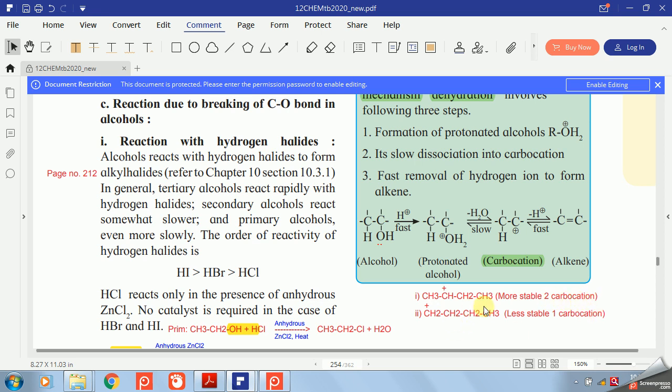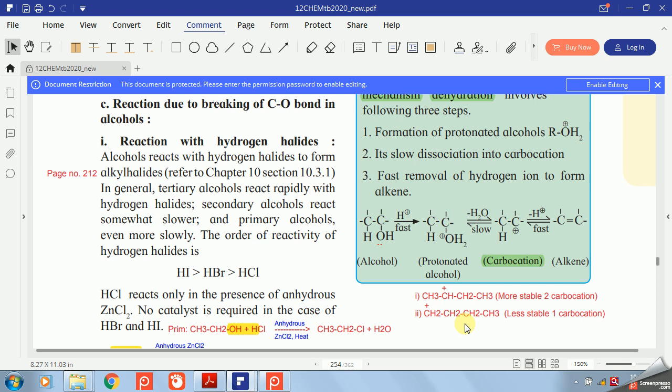But why is it more stable? Because there are 2 alkyl groups attached to this carbon, and there are 2 inductive effects shown by these, and there are a total of 5 hydrogens directly attached to the beta carbons, so 5 different hyperconjugating structures.